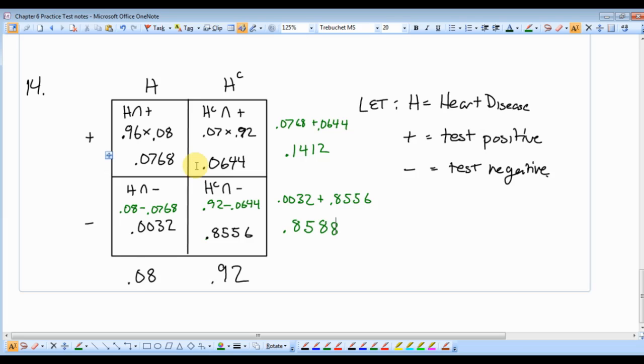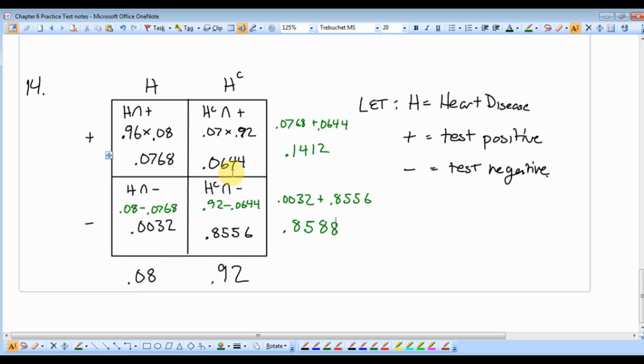Once you have those numbers, you can use addition and subtraction, mainly subtraction, in order to get the rest of the probabilities. For example, these two boxes have to add up to the probability of heart disease. So this box here is just 8% minus 0.0768. That gives you 0.0032.